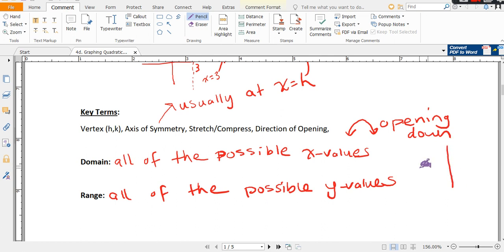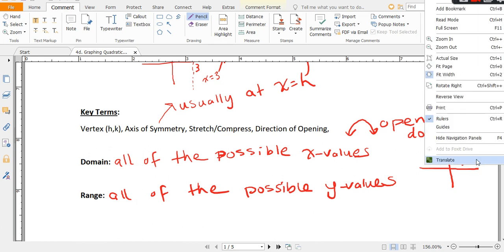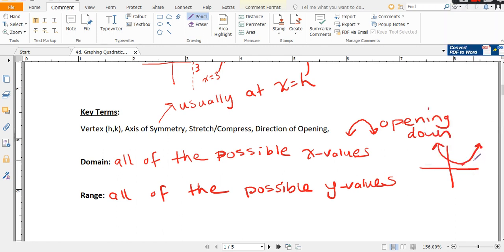Well, if I were to draw a quick little sketch on the side here, okay, and again I'm going to choose a vertex of, I don't know, I'm going to make something up. Let's say (3, 1) again. So if I were to ask you, what are all the possible x values? In other words, are there any other x values that are not possible?